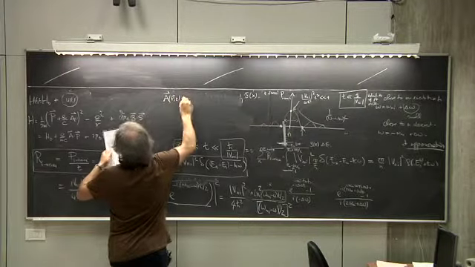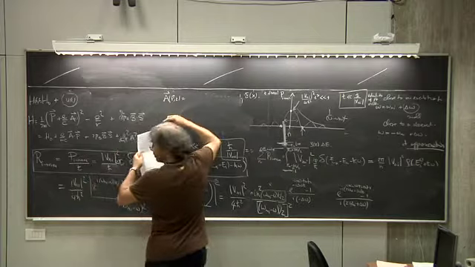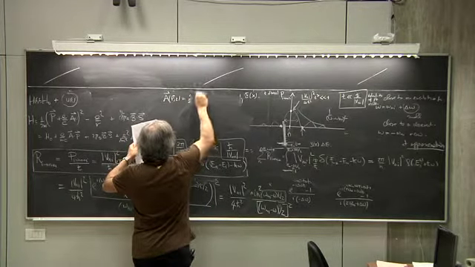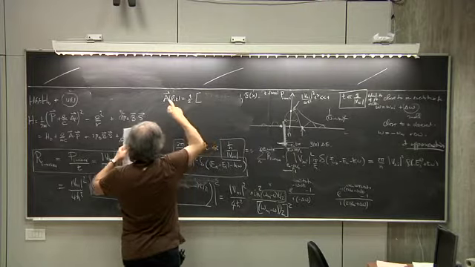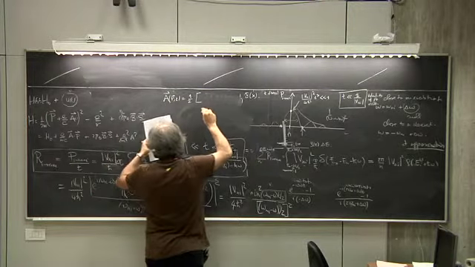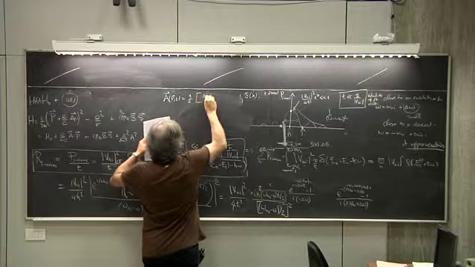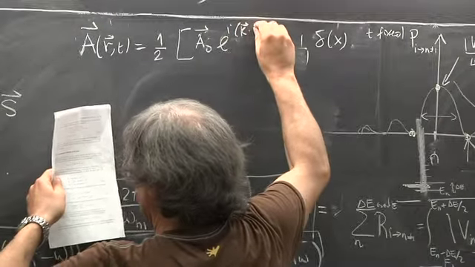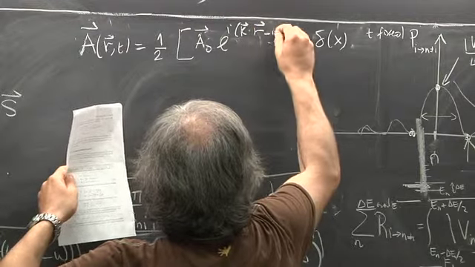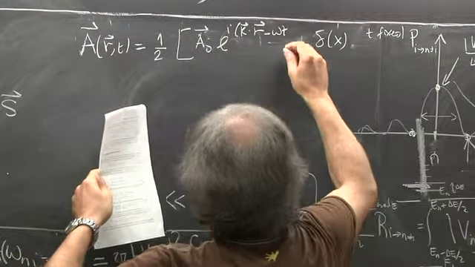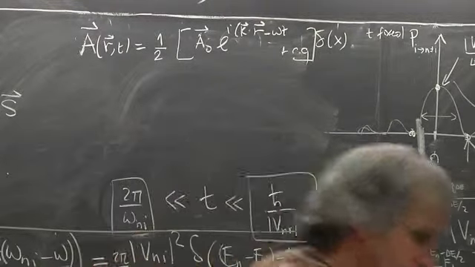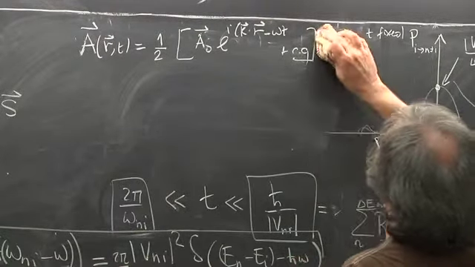This allows to describe electric and magnetic fields, because you know that the derivative over time will give you the electric field, the rotor, the curl, will give you the magnetic field. So let me just assume this: k dot r minus omega t plus the complex conjugate. Okay? So let us look at this particular A.